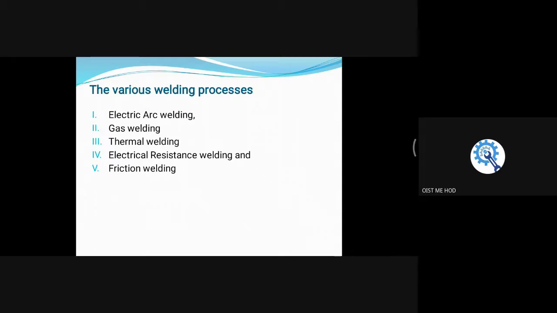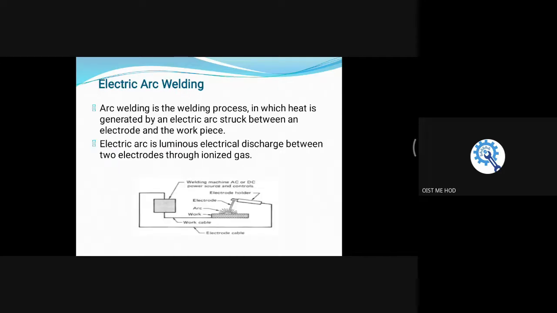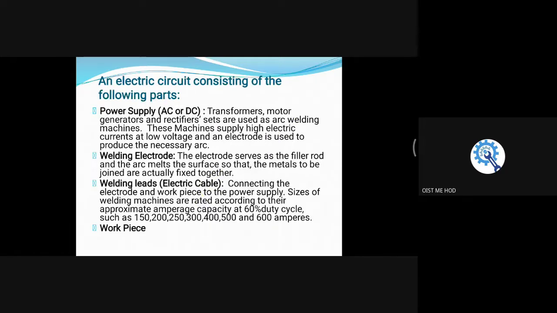Arc welding, gas welding, thermal welding, resistance welding, and friction welding. Arc welding is very popular, and even in the first year syllabus we have only arc welding and gas welding. Because we have limited time, that's why I want to put all the things inside this particular chapter only.